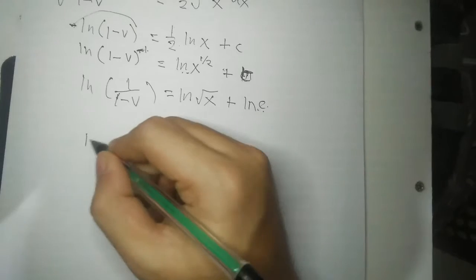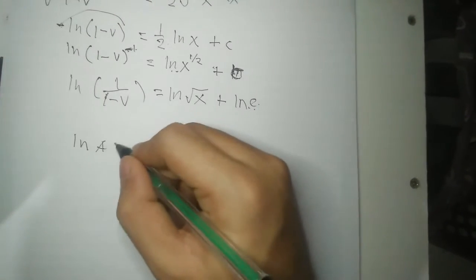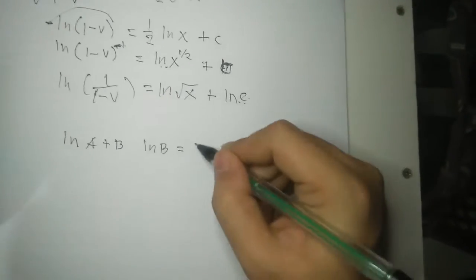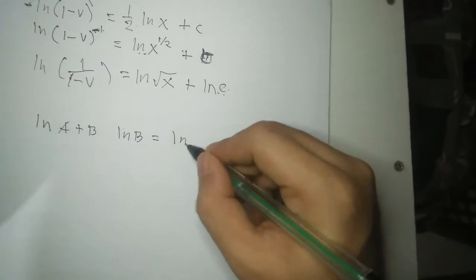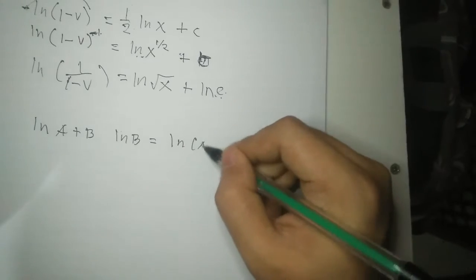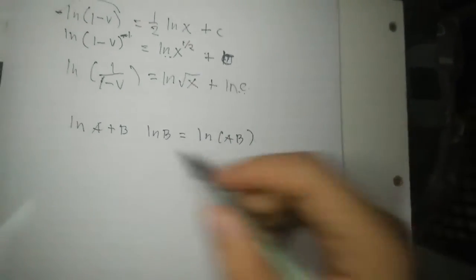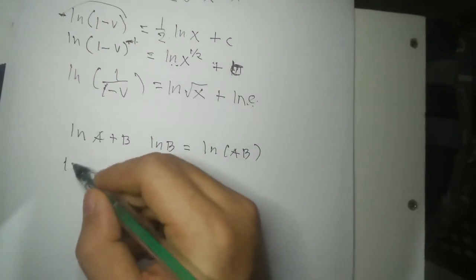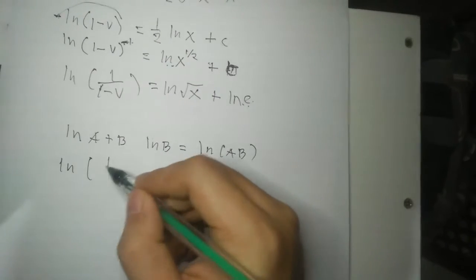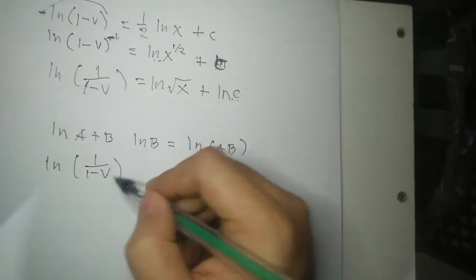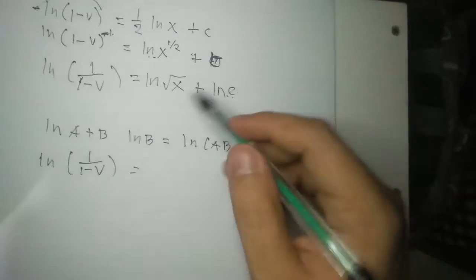As of this, ln A plus ln B is equal to ln of AB.